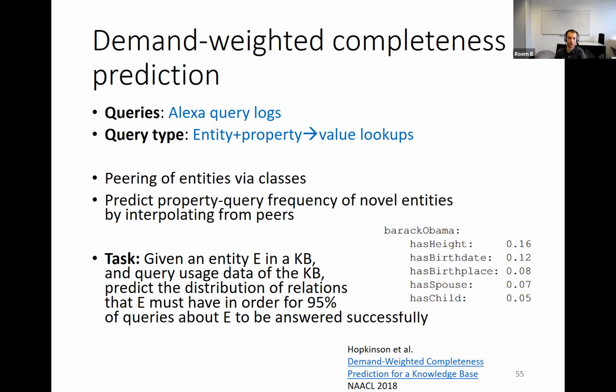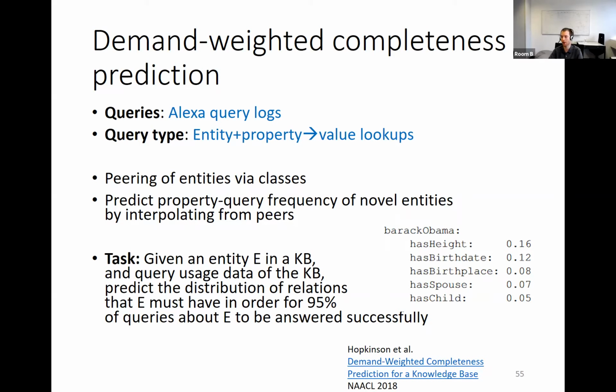And what they did, they tried to predict which properties need to be present on an entity in order to answer 95% of the queries about an entity successfully. And the challenge here being that for most entities, there's not enough query log data, so they need to interpolate from related entities. And they used peering, similar to what Hiba presented.